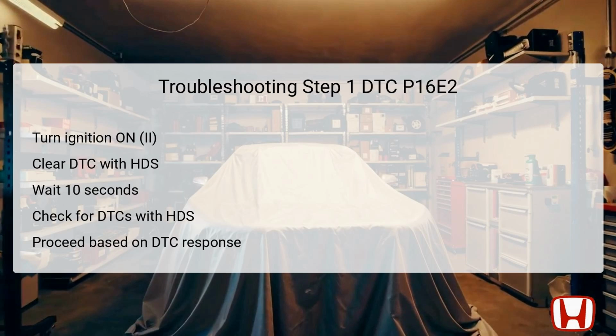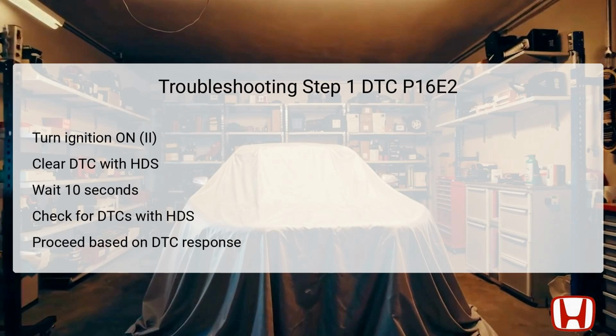For the first troubleshooting step related to the DTC P16E2, start by turning the ignition switch to the on position, also referred to as on 2. This will wake up the vehicle's systems and allow for diagnostic checks. Next, use the Honda Diagnostic System, HDS, to clear any existing diagnostic trouble codes, DTCs.